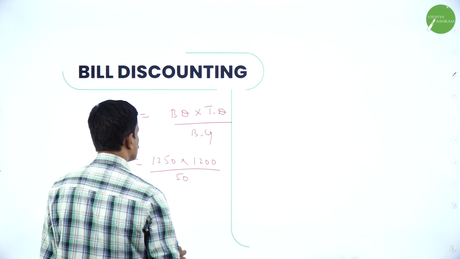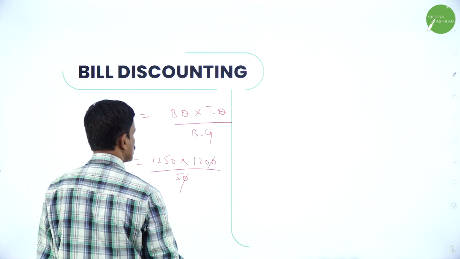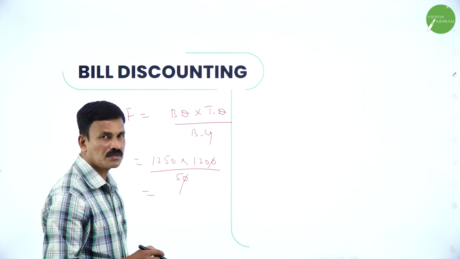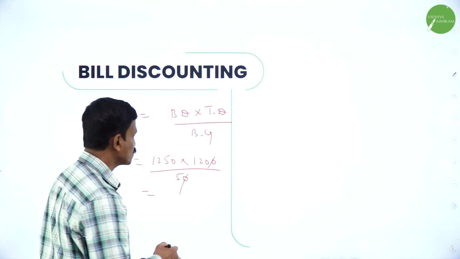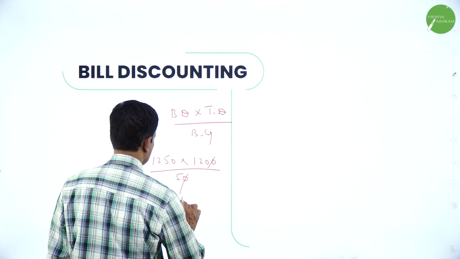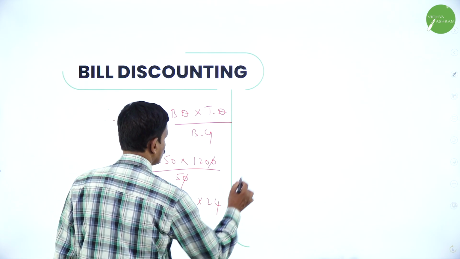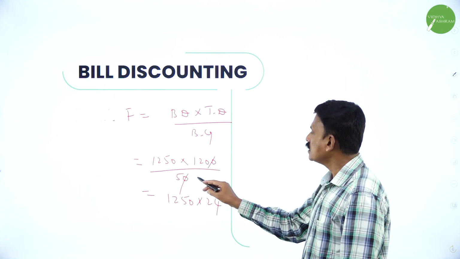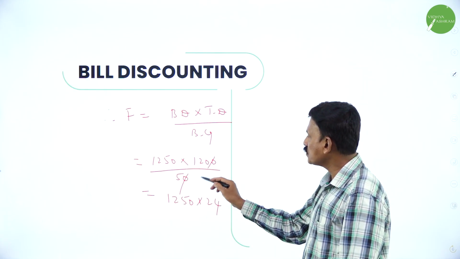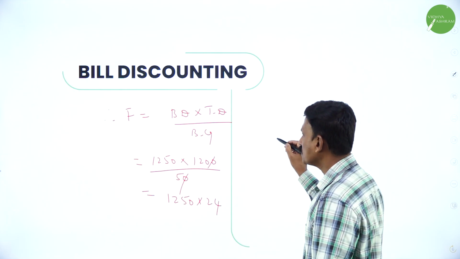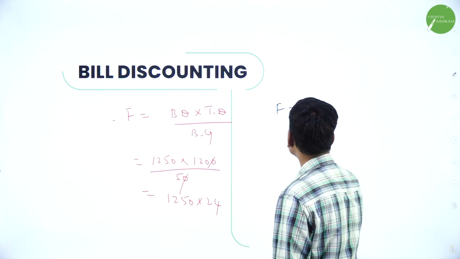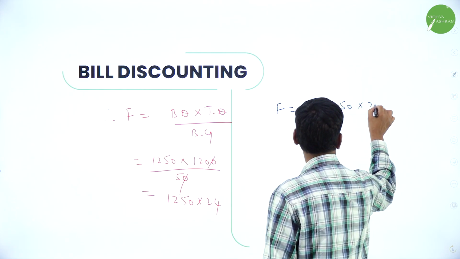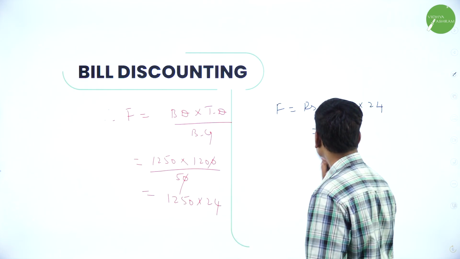Divide this, so the zeros get cancelled. If we divide 120 by 5, it is 24 times. So 1250 into 24. Simplify this. 1250 into 1200 by 50, the zeros get cancelled, 120 by 50 is 24. Therefore the face value F is equal to rupees 1250 into 24, that's equal to 30,000.